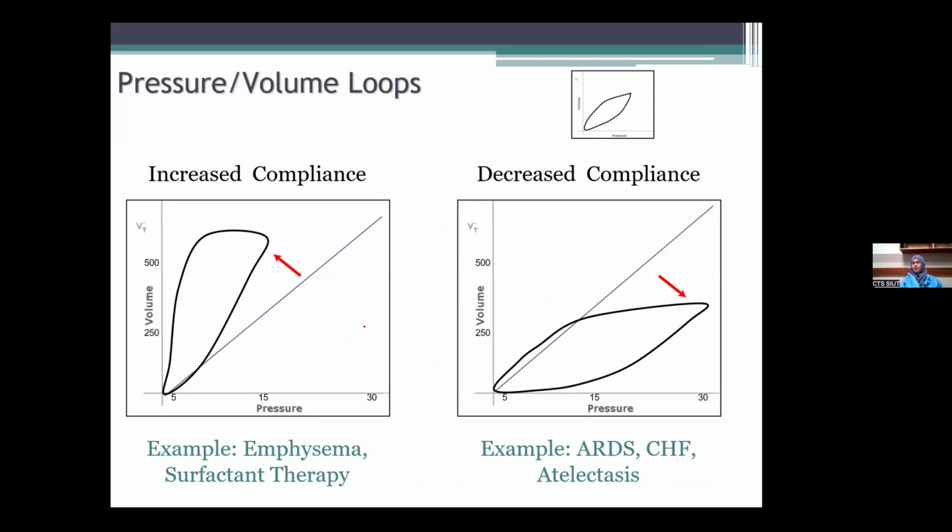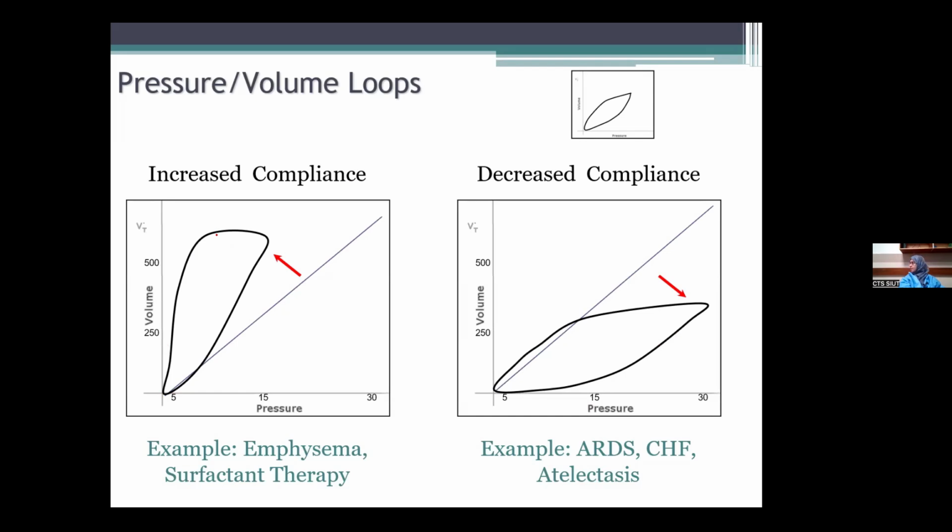So for decreased compliances, you would see this loop coming towards the right. And for increased compliances, you're going to see it really upright. So compliance is basically change in volume per change in pressure. So over here, as you can appreciate, a little pressure is going to add a lot of volume to the waveform.